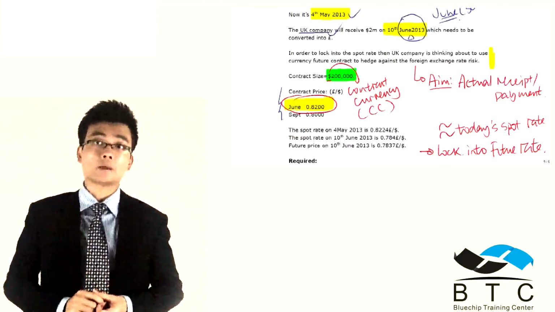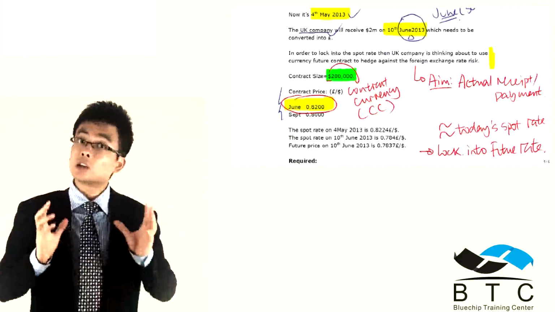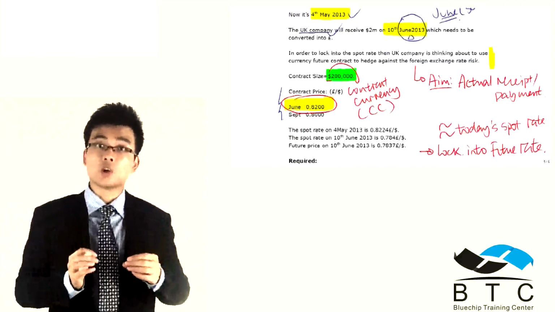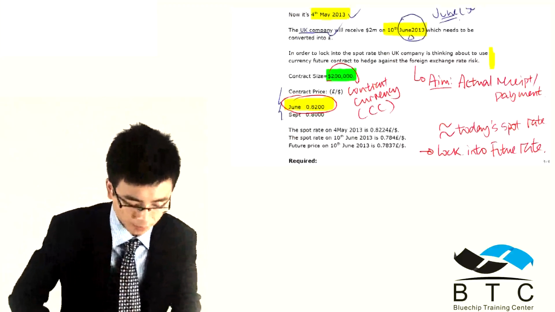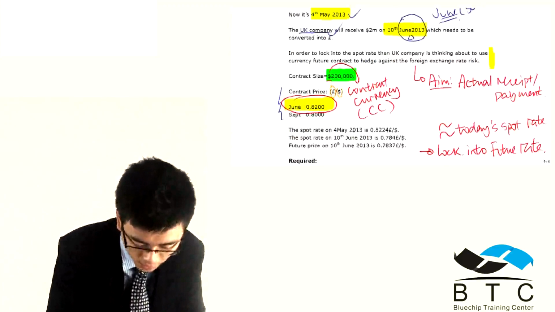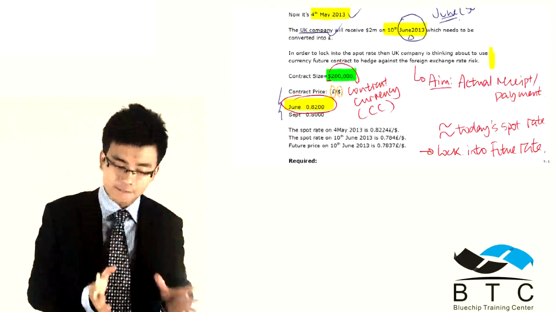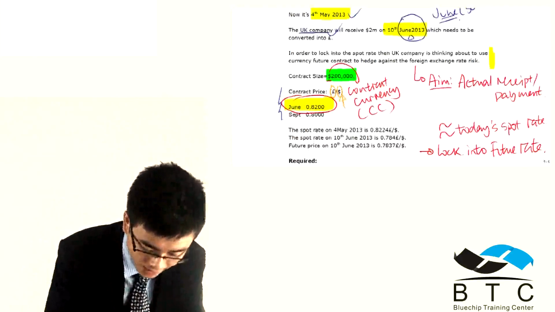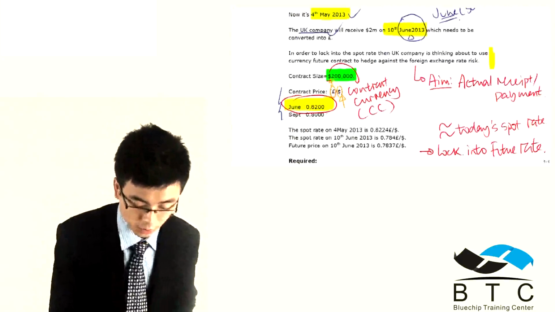And the second one would be, in any of your futures contract questions, you need to convert all of your exchange rates. So for example, the exchange rate over here is pounds per dollars. You need to convert that exchange rate to make that the second currency would be the contract currency.